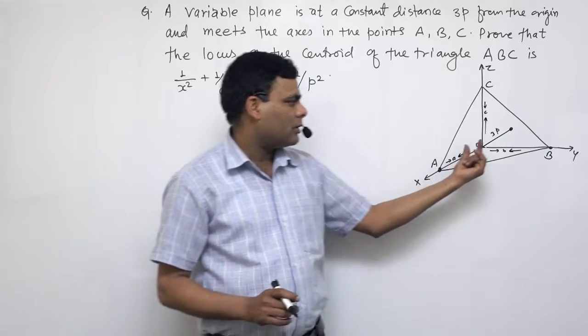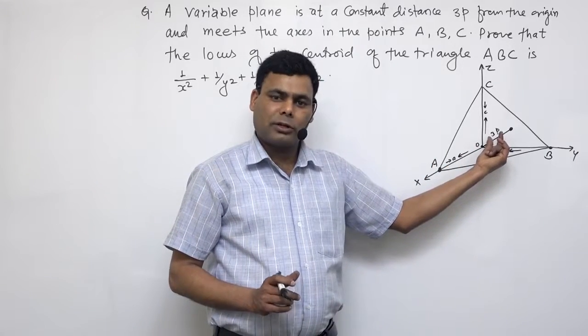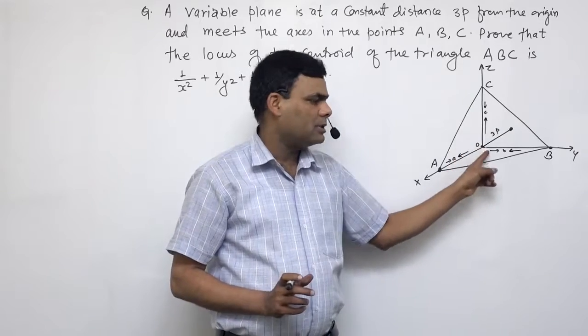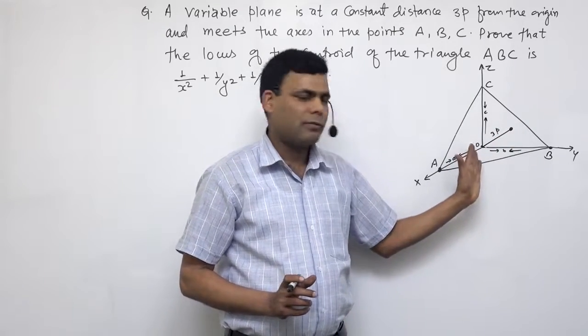Also given that 3p equals the length of the perpendicular drawn from the origin to the plane. Now let us apply the formula for the length of the perpendicular.